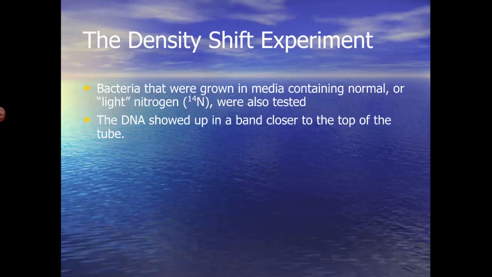And when those bacteria were broken open and their DNA was centrifuged, the band was close to the top of the tube. So we have sort of a standard. If DNA has only got heavy nitrogen in it, it's going to be a band at the bottom of the tube, and if DNA has only got light nitrogen in it, it's going to be a band at the top.